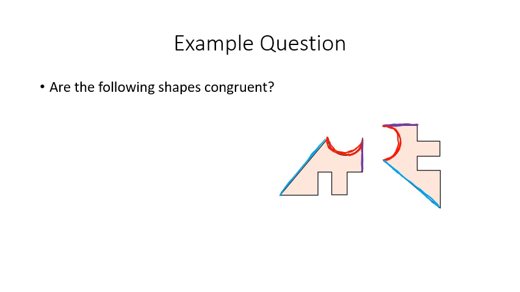We then have a kind of box figure here in green, and then that's both connected with a straight line.